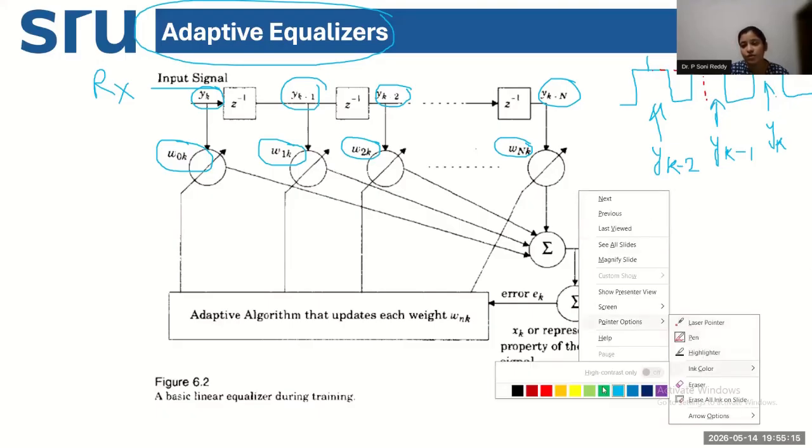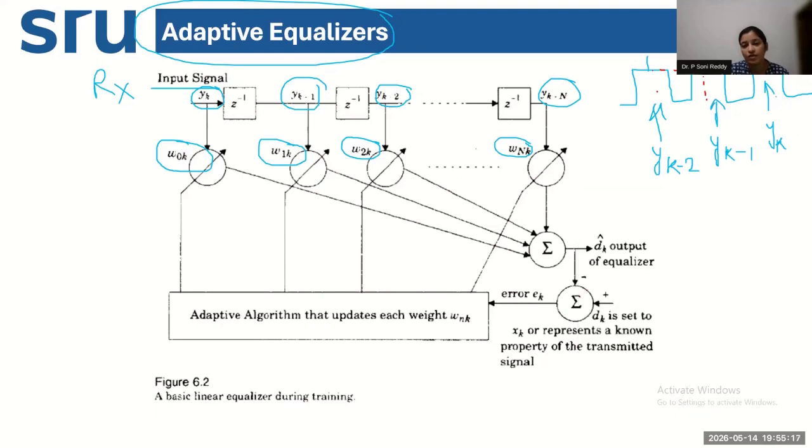When I'm transmitting this symbol, the previous symbol is overlapping with the next symbol in line because of ISI. So this is the overlapping region. This second symbol will be overlapping with my current transmitted symbol. This is my overlapping region. Due to this ISI effect, the symbols are delayed with respect to time.